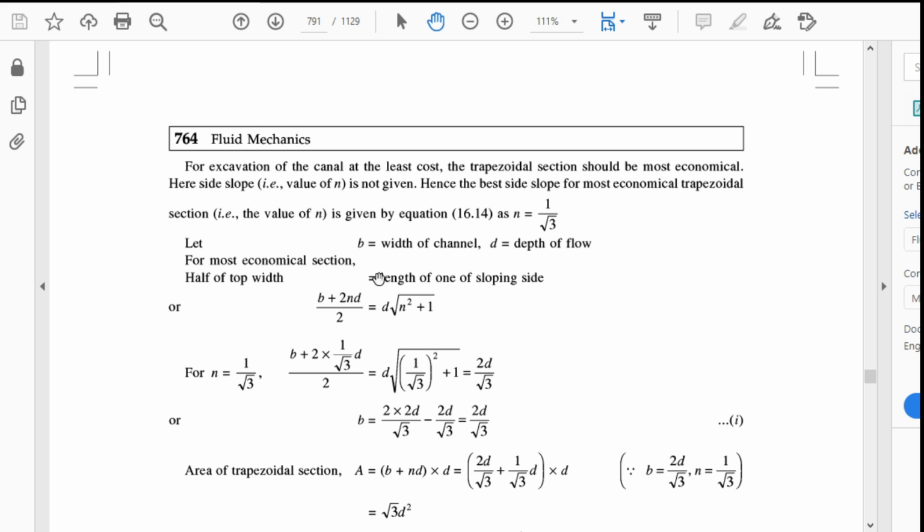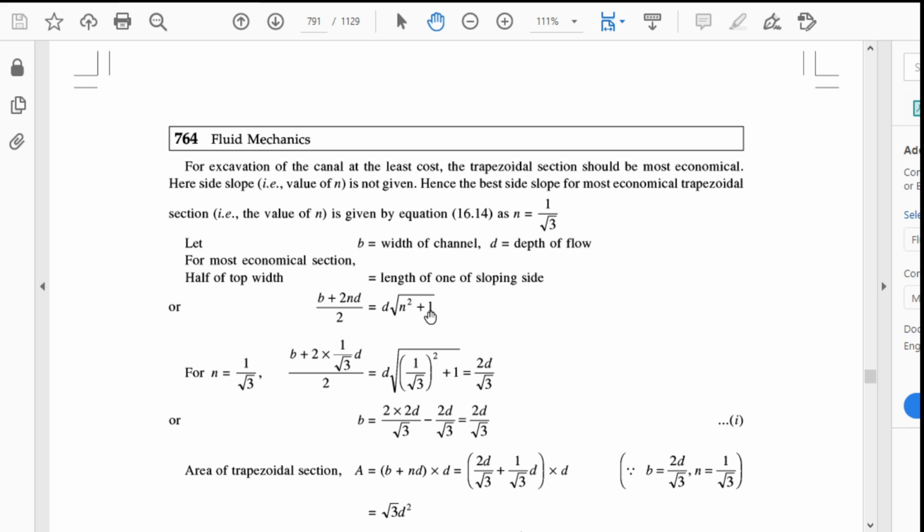Use the first condition for the most economical trapezoidal section, that is half of the top width should be equal to the length of one of the sloping sides. Half of top width means b plus 2nd divided by 2 should be equal to d square root of n square plus 1.